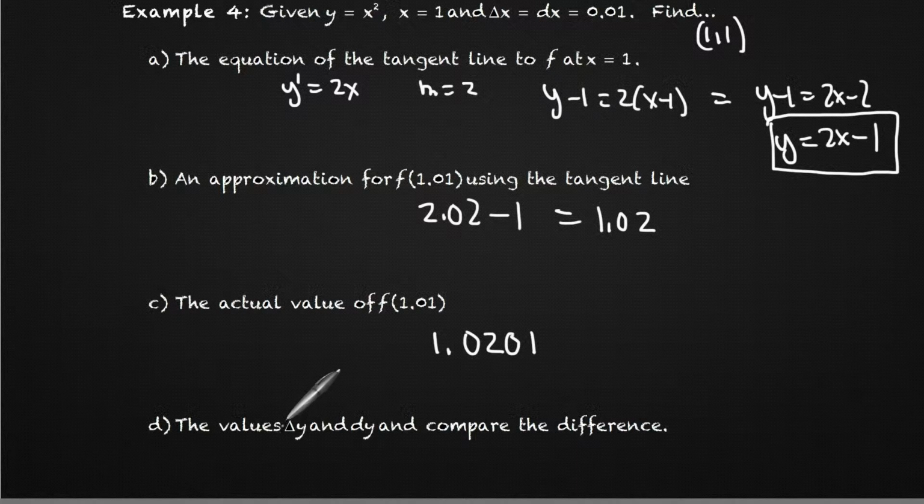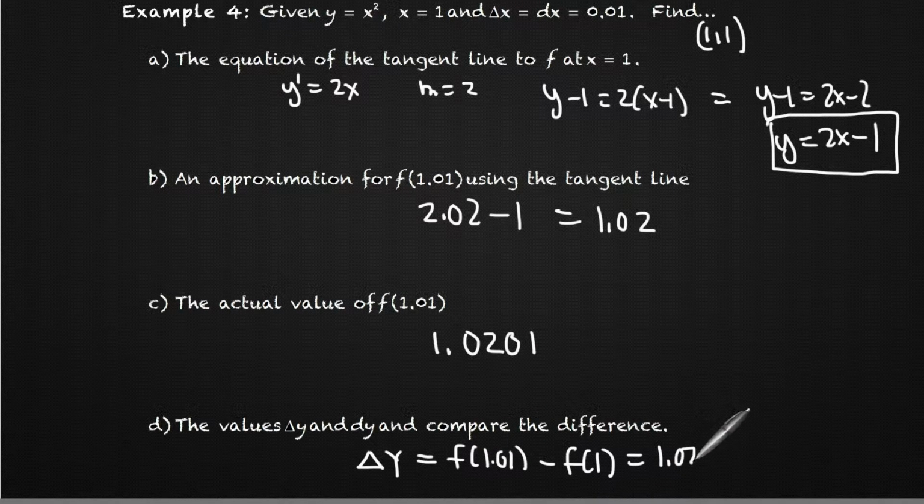Now, let's find the values delta y and dy and compare the difference. Well, delta y is the actual change in y. It's the real change in y. So basically this is f of 1.01 minus f of 1. So let's just see what that would be. Well, the real value of f of 1.01 is what we just found, 1.0201.